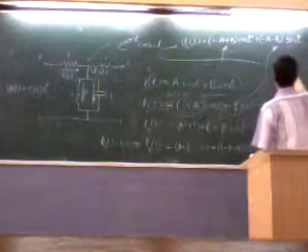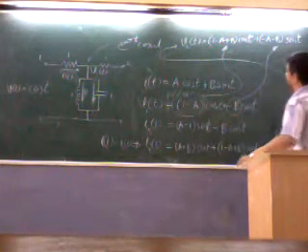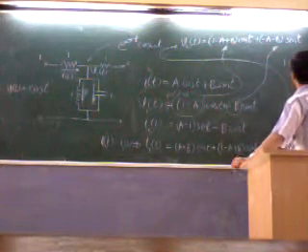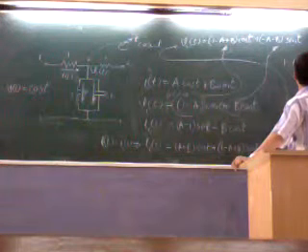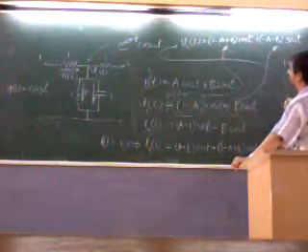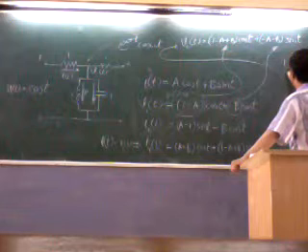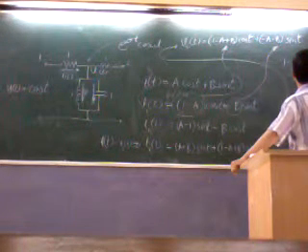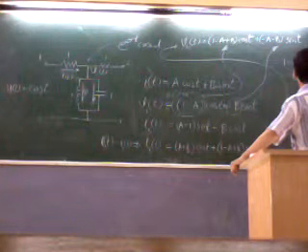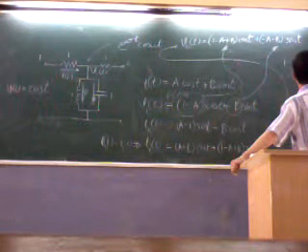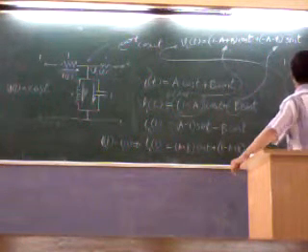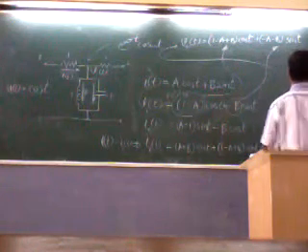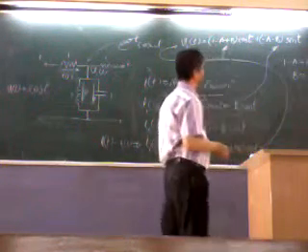So write equations now. 1 minus A is equal to 1 minus A plus B, and minus B equal to minus A minus B. Is it right?